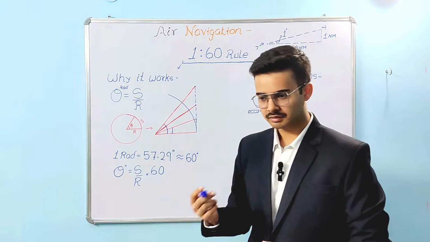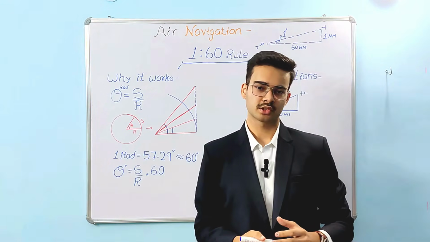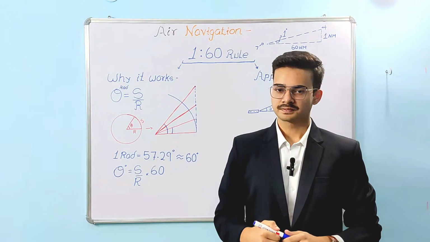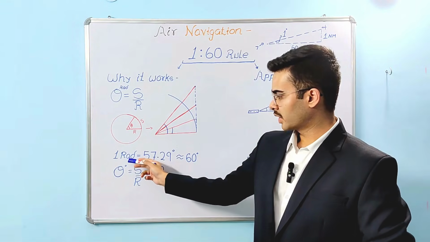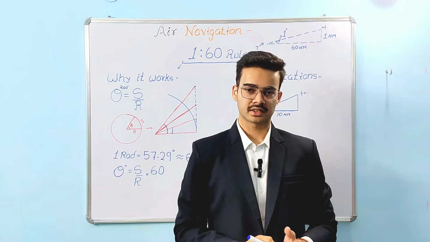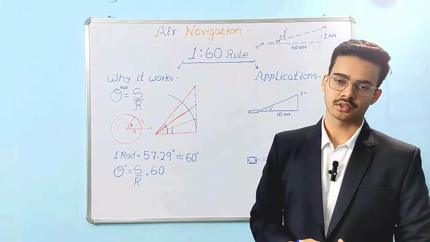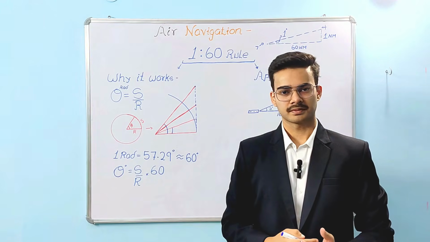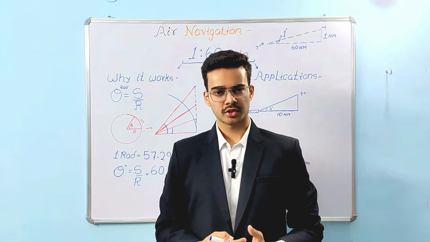Okay, fine. But what is this? The formula that we use in air navigation is theta equals S by R into 60. Where is it coming from? Because 1 radian is equal to 57.29 degrees, roughly rounding off to 60 degrees, that is why we are multiplying 60 here. Let's simplify it a bit more.